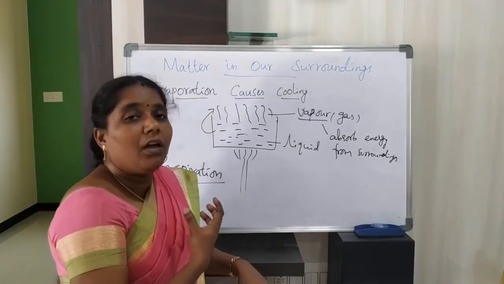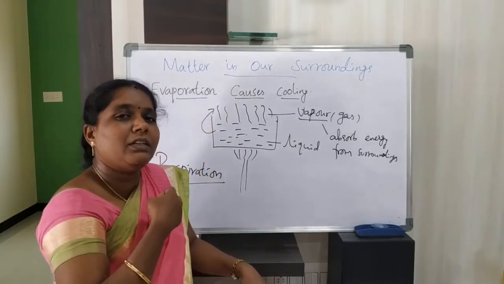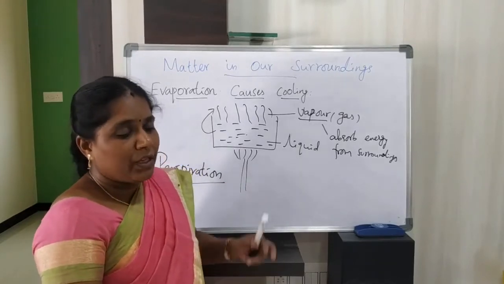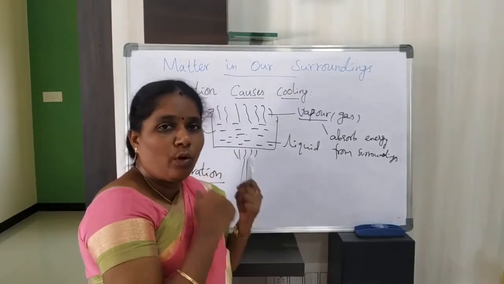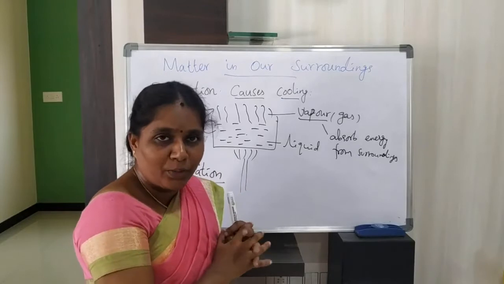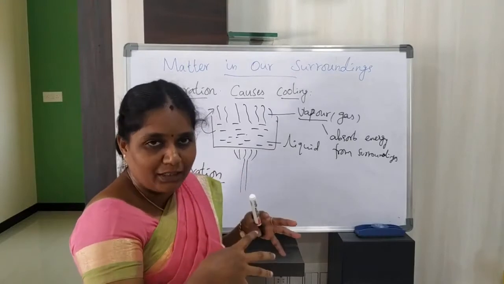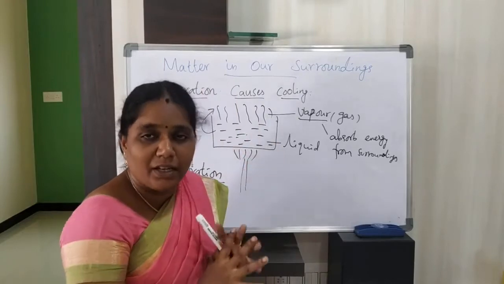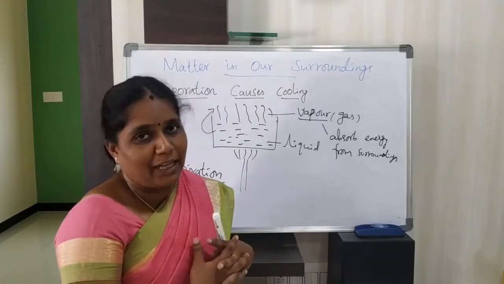During perspiration, when we perspire, what happens? Our body releases some water molecules, isn't it? So whenever we are sweating, our body releases some water molecules. During that process our body loses energy and releases water molecules, and that sweat, those water particles, will absorb energy from the surroundings, that is, from the air present around us. It comes in contact with that air and we feel cool at that time, isn't it?